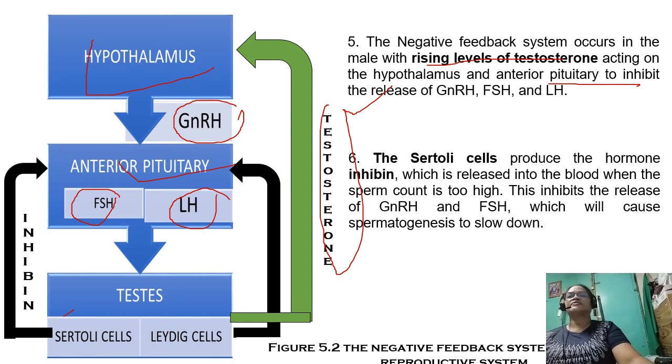The Sertoli cells produce the hormone inhibin into the blood when the sperm count is too high.